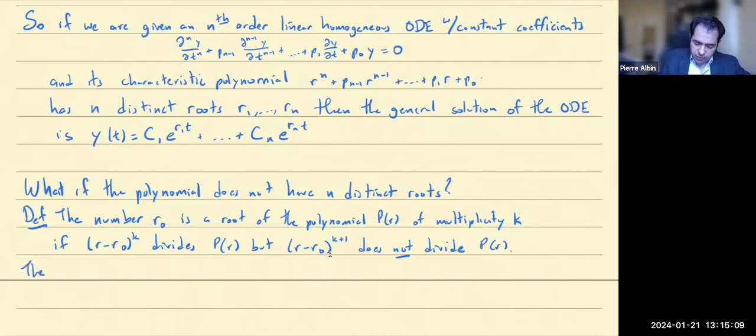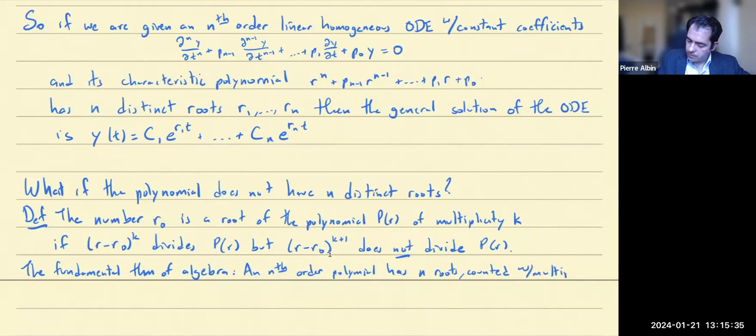The fundamental theorem of algebra says that an nth order polynomial has n roots, counted with multiplicity. Well, here, let me be more explicit.